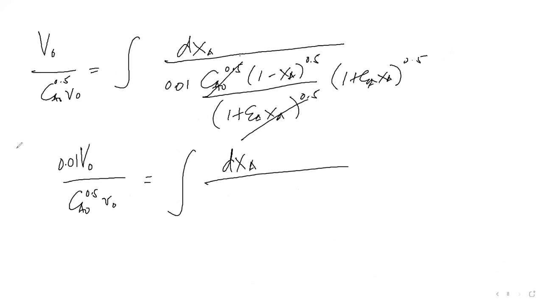It seems that if I cancel this one with this, 0.5, I still have 0.5 here. So this would be 1 minus XA raised to 0.5, 1 plus epsilon A XA raised to 0.5. This is your resulting integral.